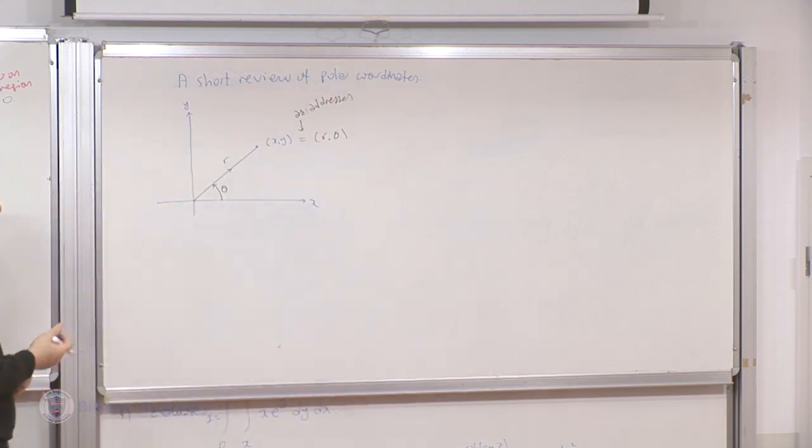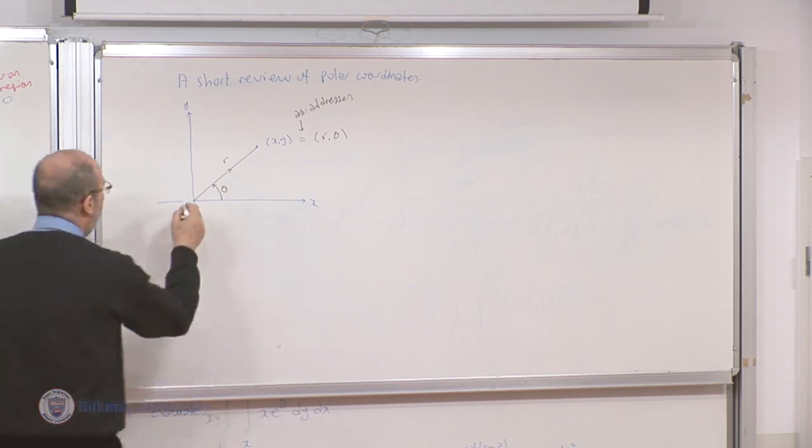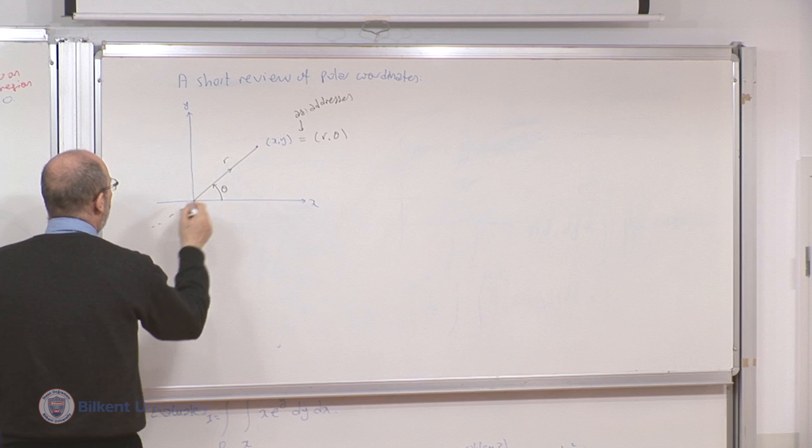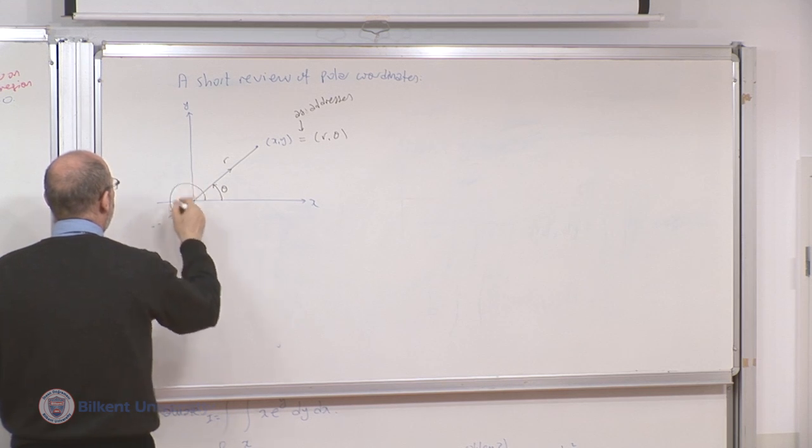Okay, coordinate is address. The only thing that you should keep in mind here is that the address in Cartesian coordinates is unique for a point, but in polar coordinates the address is not unique. So for example, consider this angle.